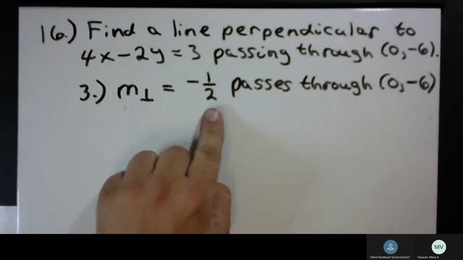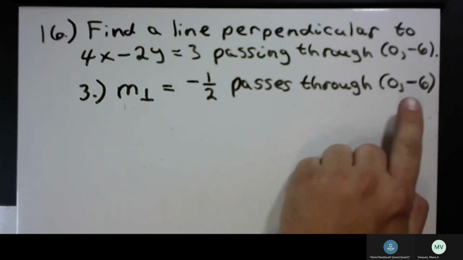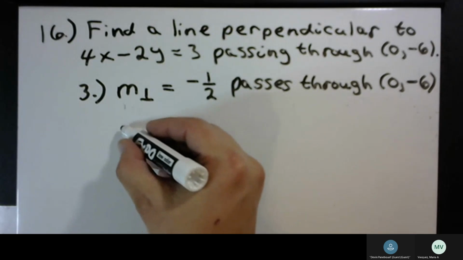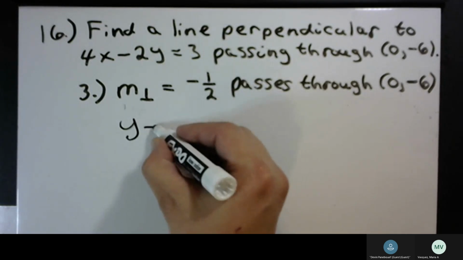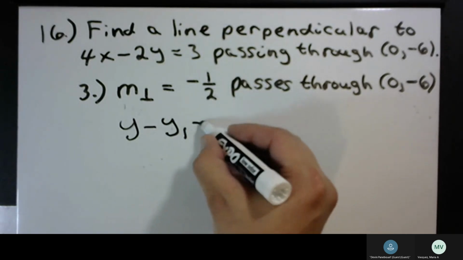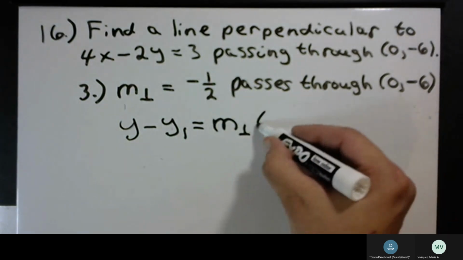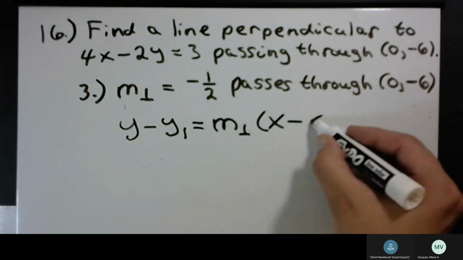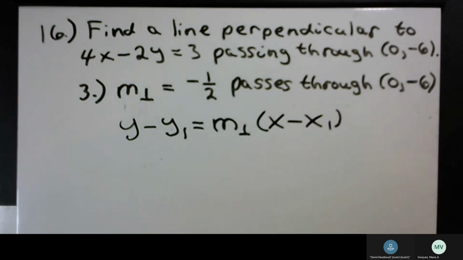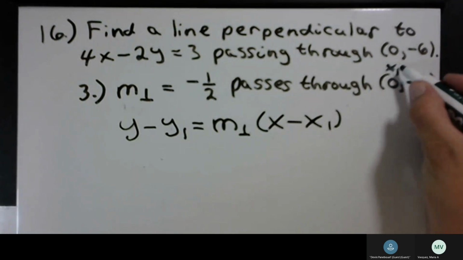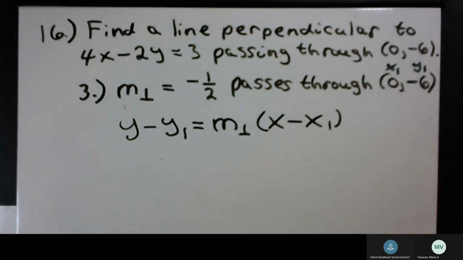So to find a line with this slope passing through this point, we're going to use our point slope formula. Except this time we're going to use the perpendicular slope. So for x1 and y1.